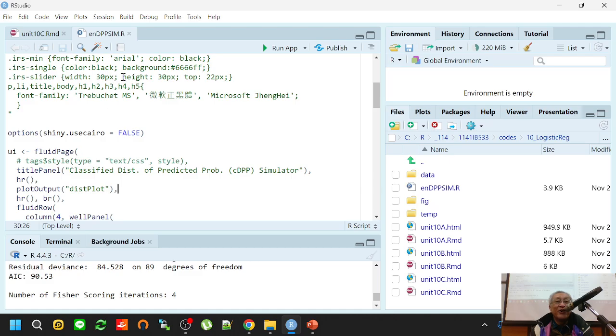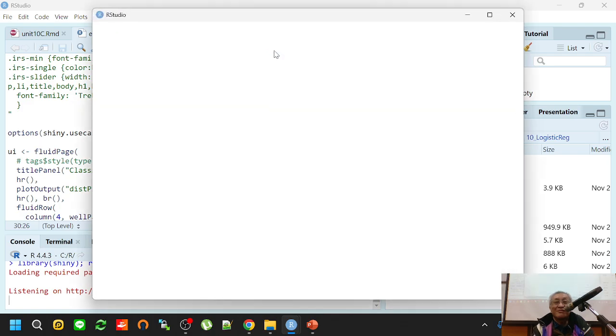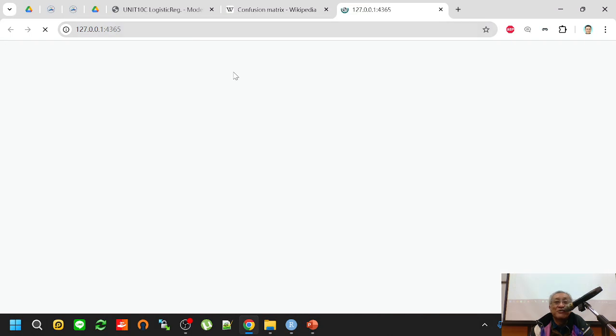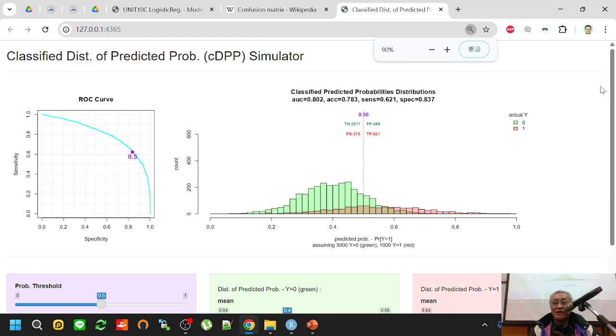You open this file, and this is actually an app. So you press this run app. You should see something like this, right? Usually I will open it in the browser to make it easier to see.